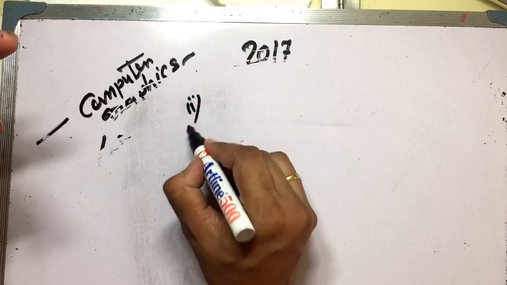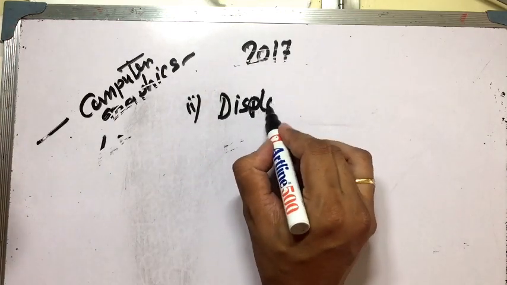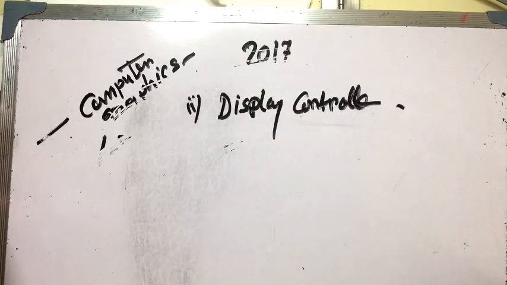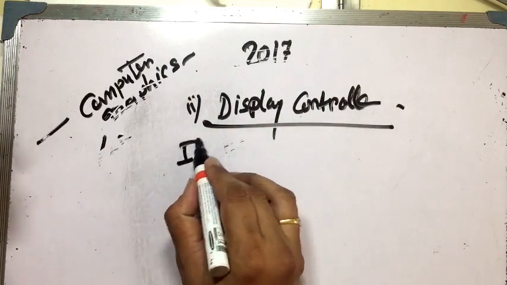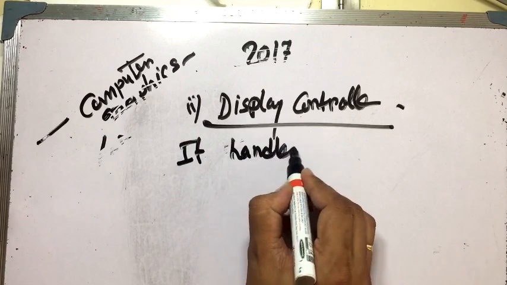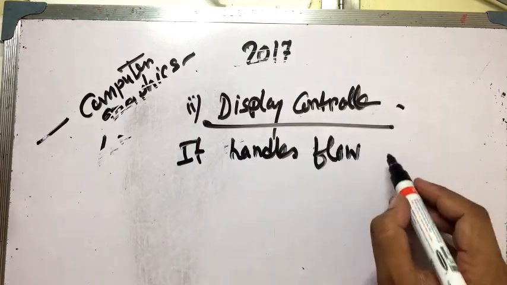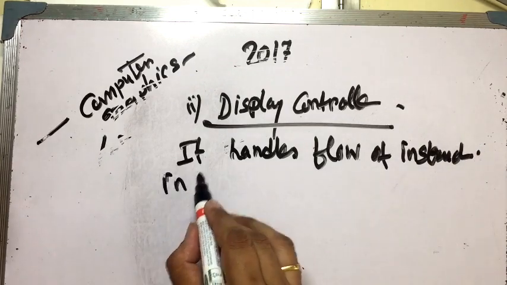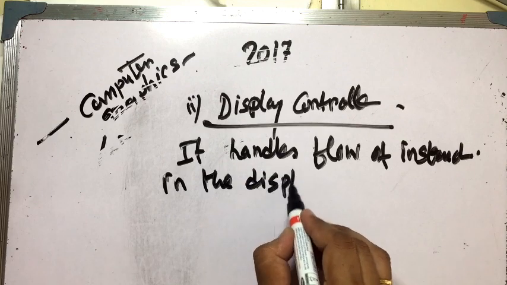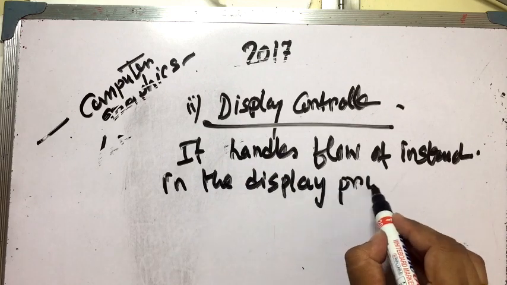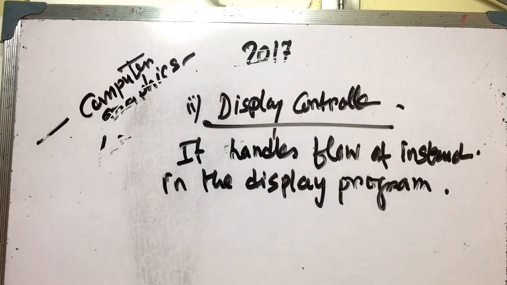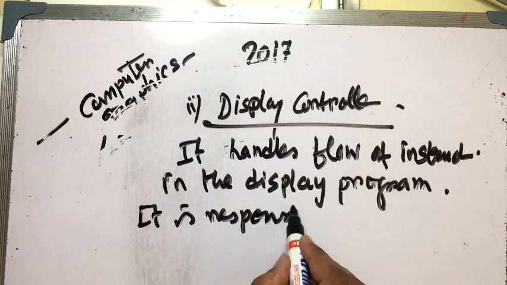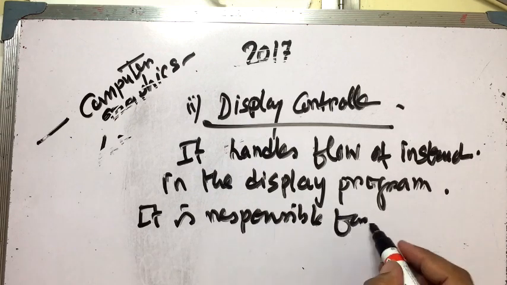Number 2, display controller. It handles the flow of instructions in the display program. It is responsible for handling the interrupt.